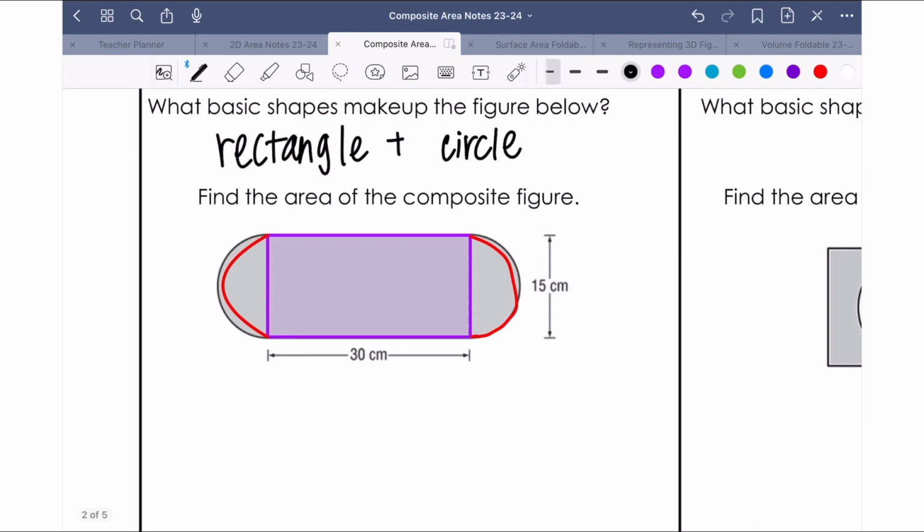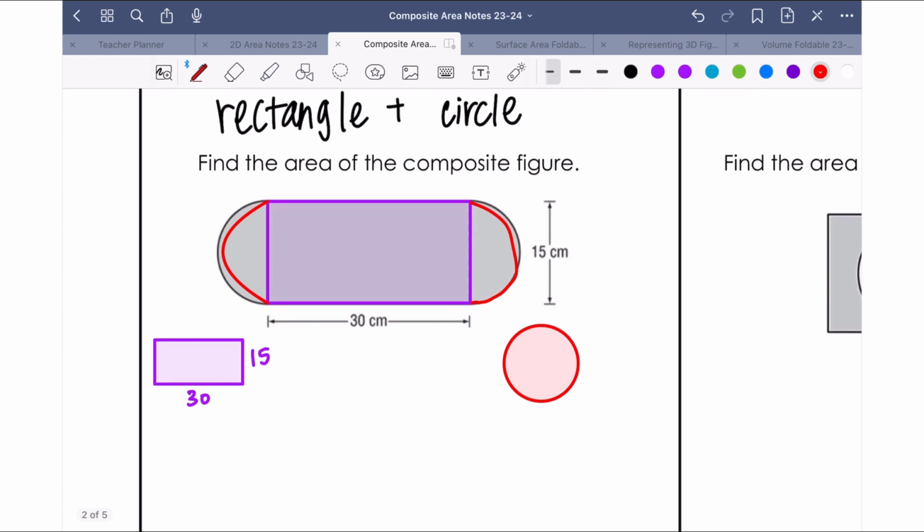So for the rectangle, I'm going to draw it out separately. Okay, this is 30. And the height is 15. And my circle, now the circle area notes we did in the previous unit, but we covered it already. All right, if this length is 15, I need the radius.